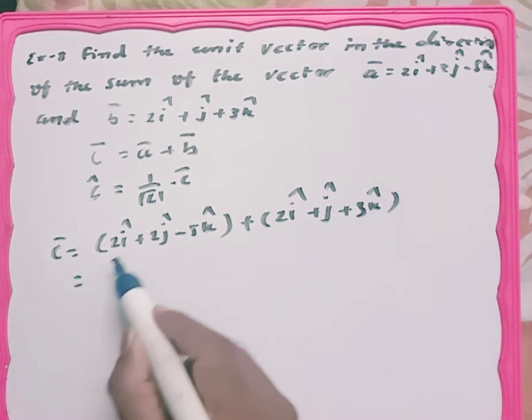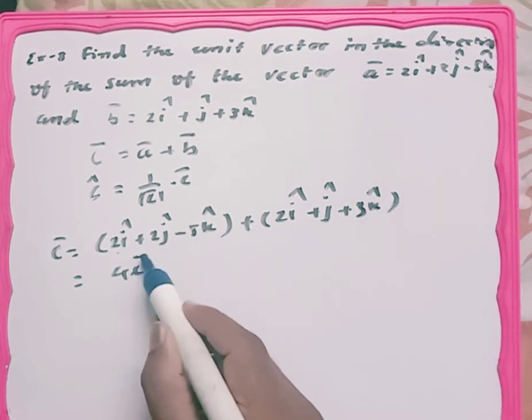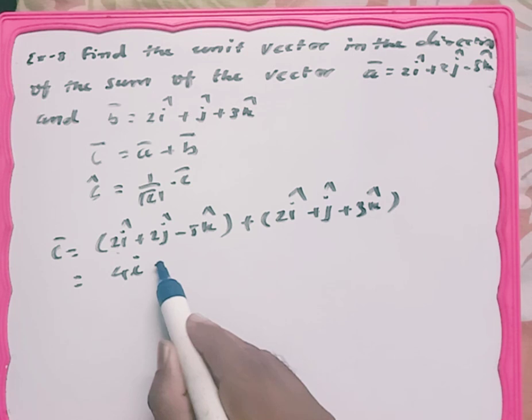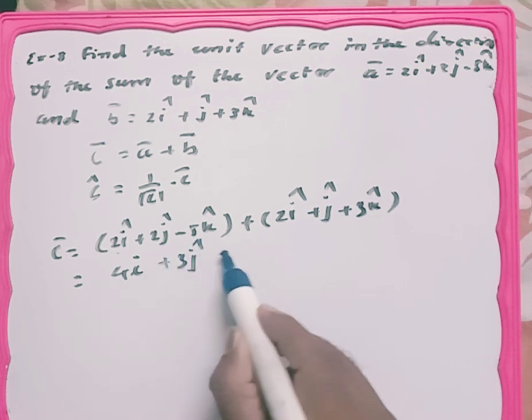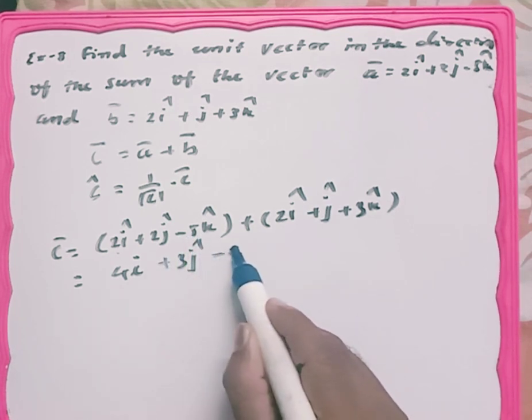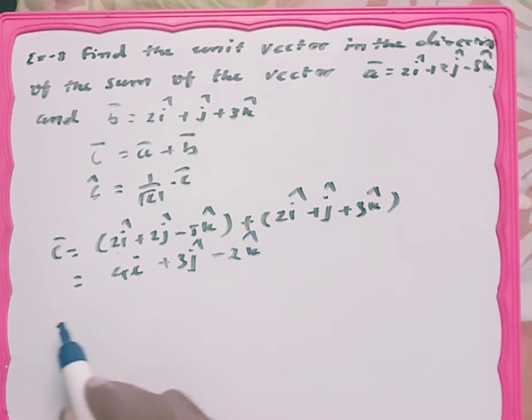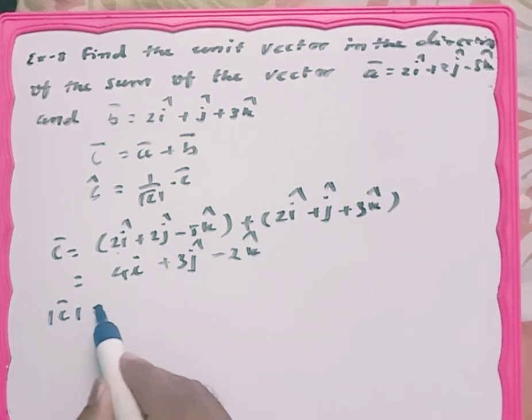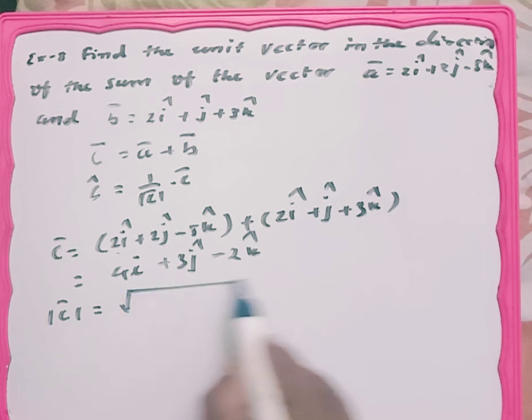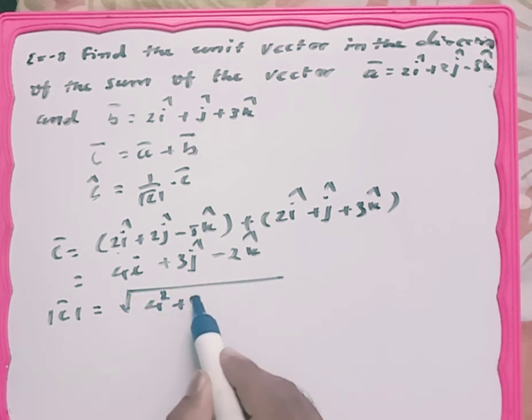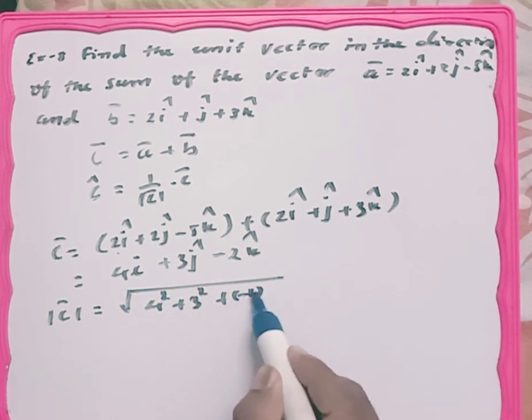So we add them, then 2 plus 2, 4i, 2 plus 1, 3j, minus 5 plus 3, minus 2k. And so we find magnitude c bar, then it will be under root 4 square plus 3 square plus minus 2 square.